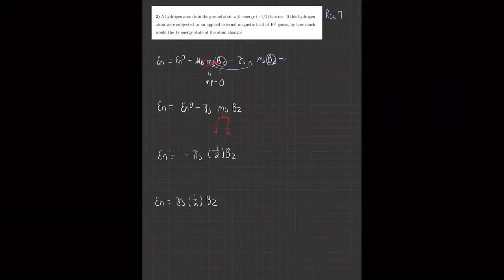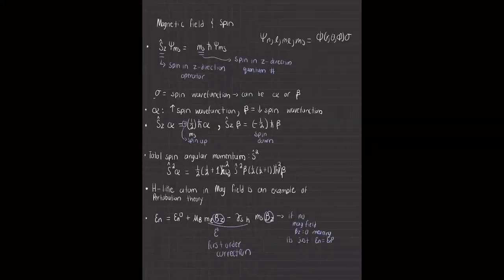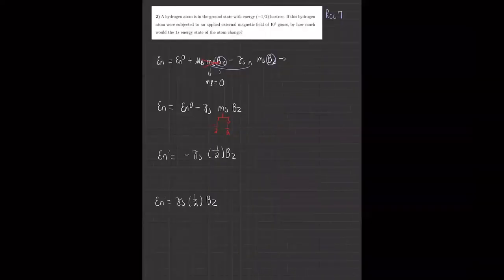All right, so what I was basically saying is you would use this equation here, for magnetic field and spin. Since this is a 1s electron, ML is going to equal 0 because L is equal to 0, and the only value ML could be is 0.